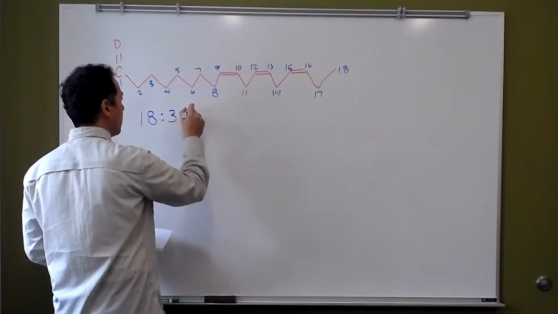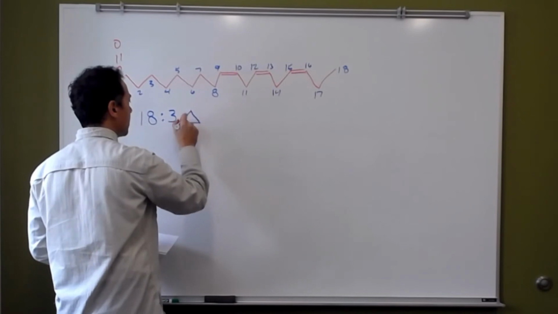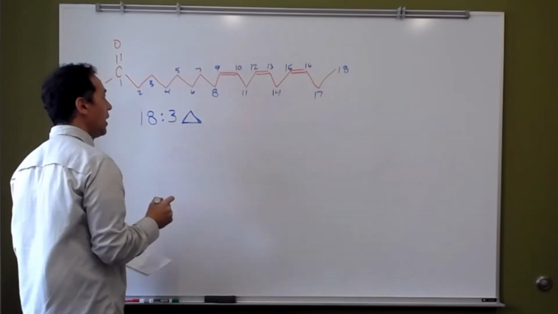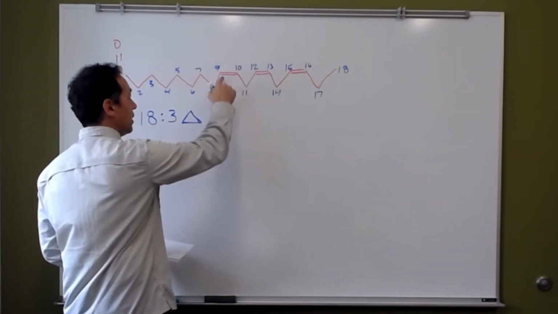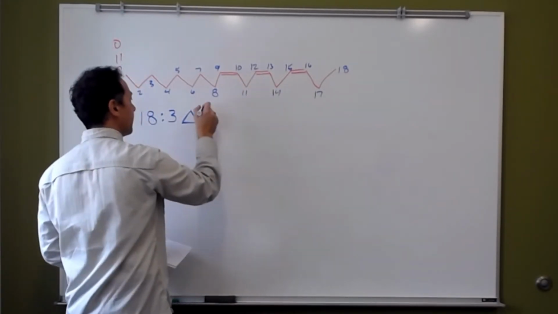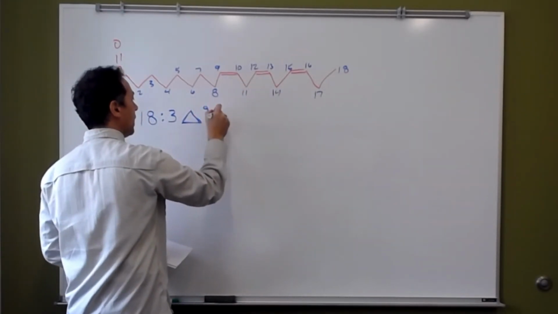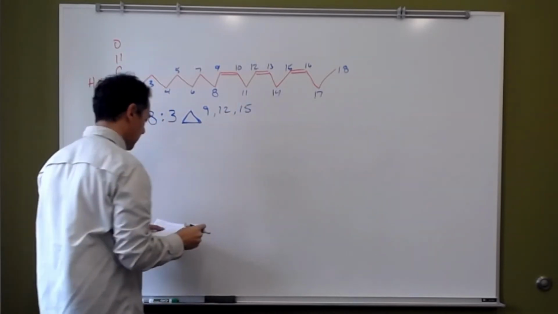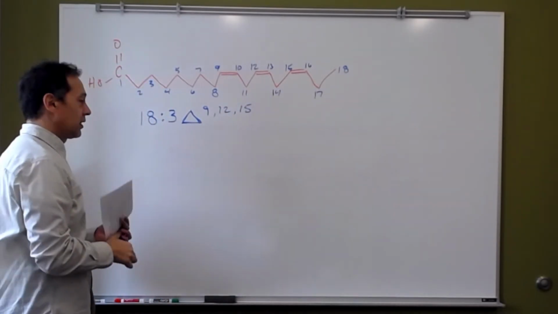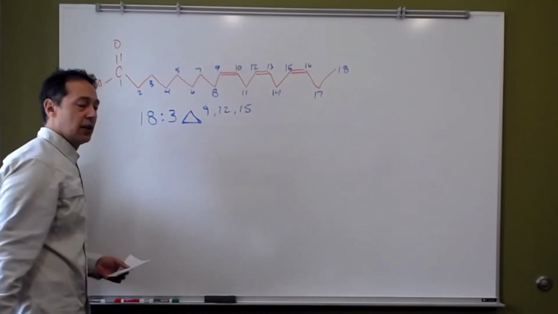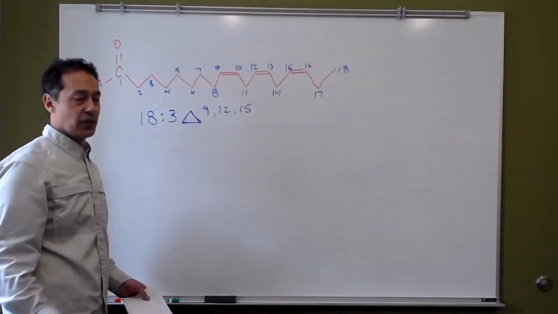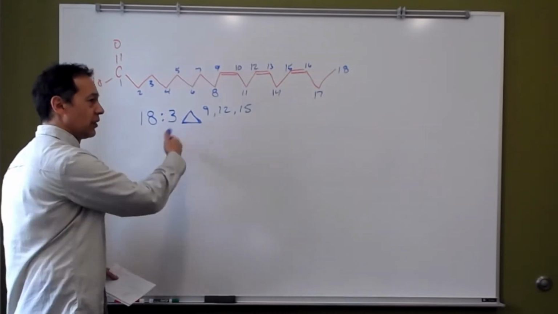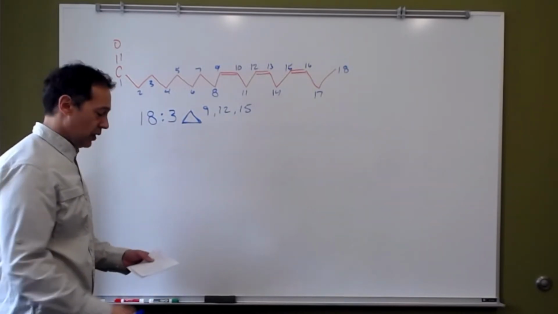Then we put a delta symbol here to say that they're located after carbons 9, 12, and 15. So superscript 9, 12, and 15, like this. This is just the chemical shorthand for naming these fatty acids. Again, they've got common names, but this makes it a little bit easier.